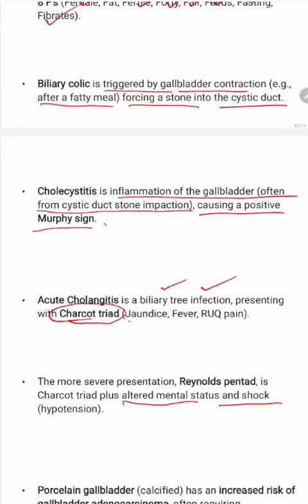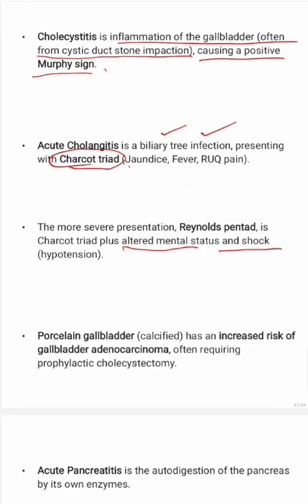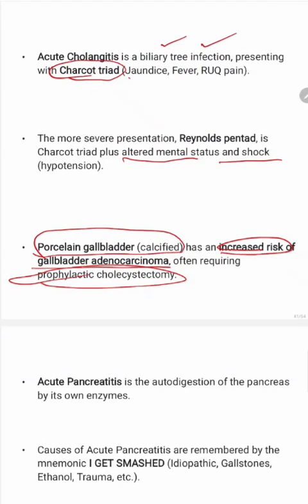Now, porcelain gallbladder is calcified and has an increased risk of gallbladder adenocarcinoma, so you will have to do a prophylactic cholecystectomy.